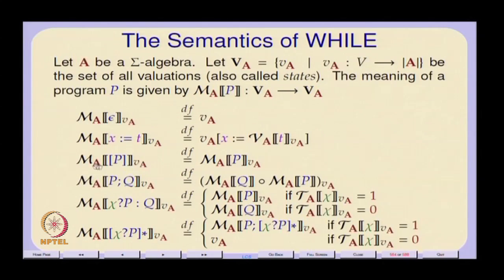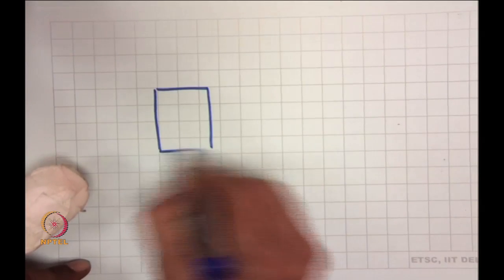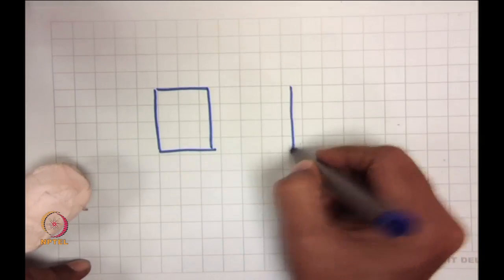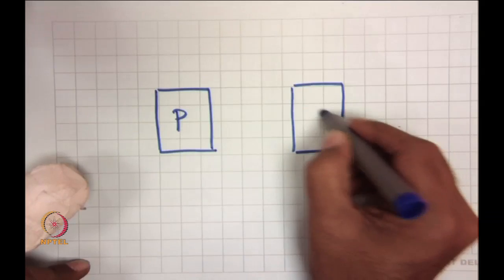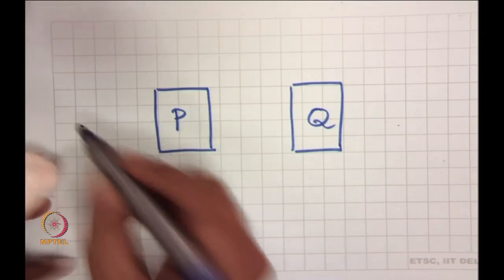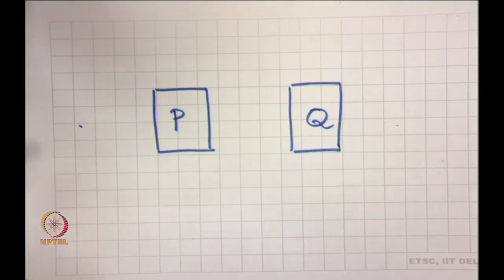Okay. So that finishes some of the simplest constructs, and now you have this semicolon. What we are saying is you take two programs P and Q, since it is closed under composition, and you give a valuation V A here.